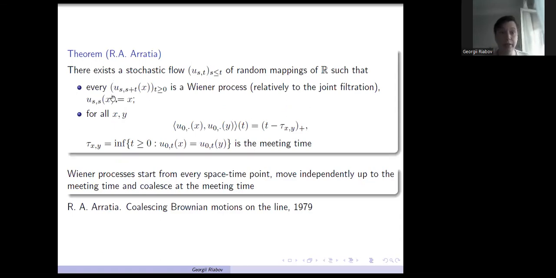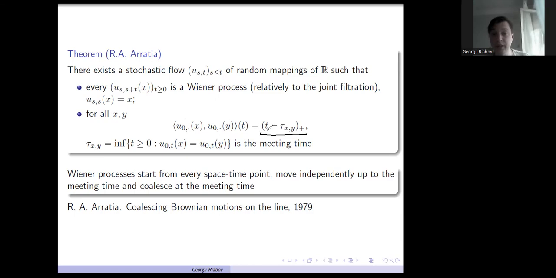We can formulate the existence theorem for the Arratia flow as follows. There is a stochastic flow of random mappings of the real line, such that in this flow, every trajectory is a Brownian motion, and the quadratic covariation of two Brownian motions equals such quantity.